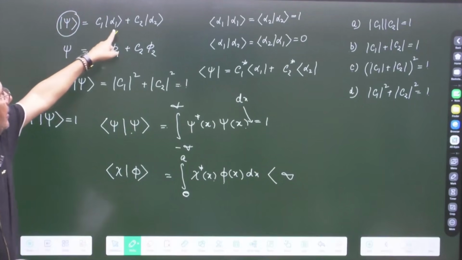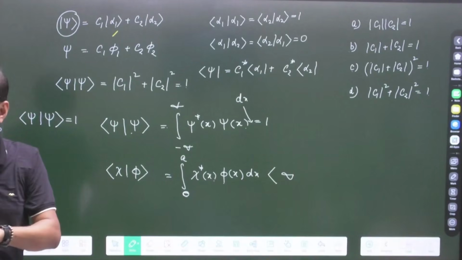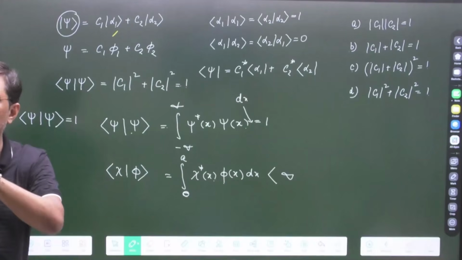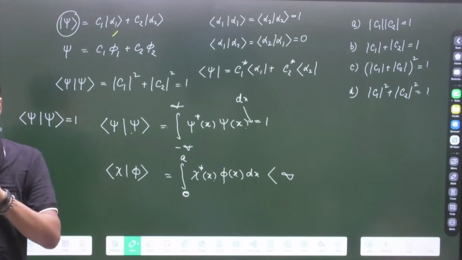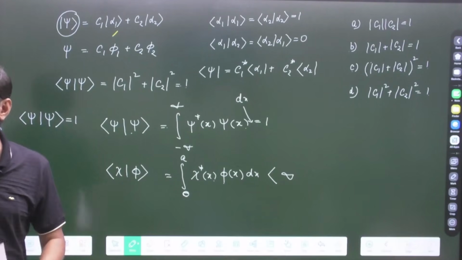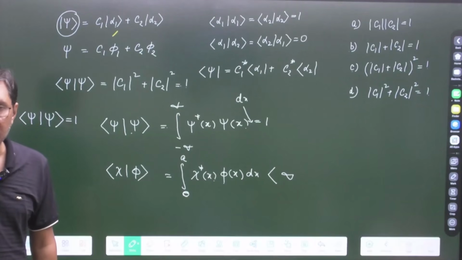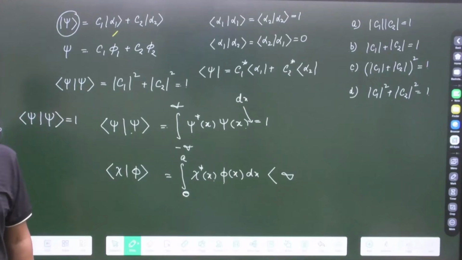It can be written in terms of eigenstates. Alpha 1 and alpha 2 are eigenstates. Because they are eigenstates, that is why I am choosing them orthonormal. Eigenstates in quantum mechanics we choose orthonormal. Only then can we apply the superposition principle very easily. I will explain that in the next class, or a bit later.